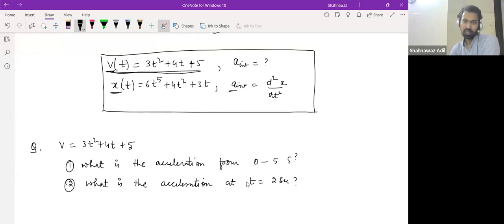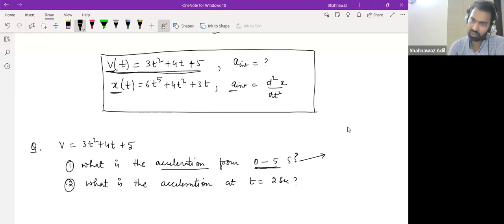So, Elham, you tell me, this is what kind of acceleration? Did you understand the question? In this question, they are asking us to calculate the acceleration from 0 to 5 seconds. What kind of acceleration will we calculate?